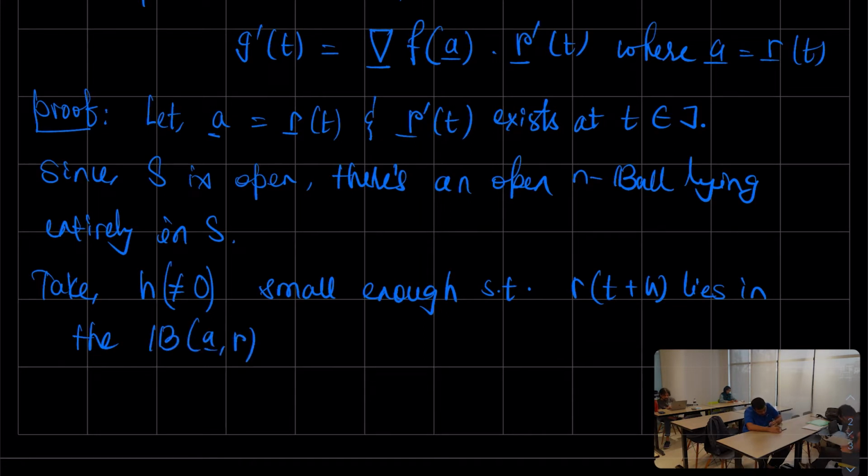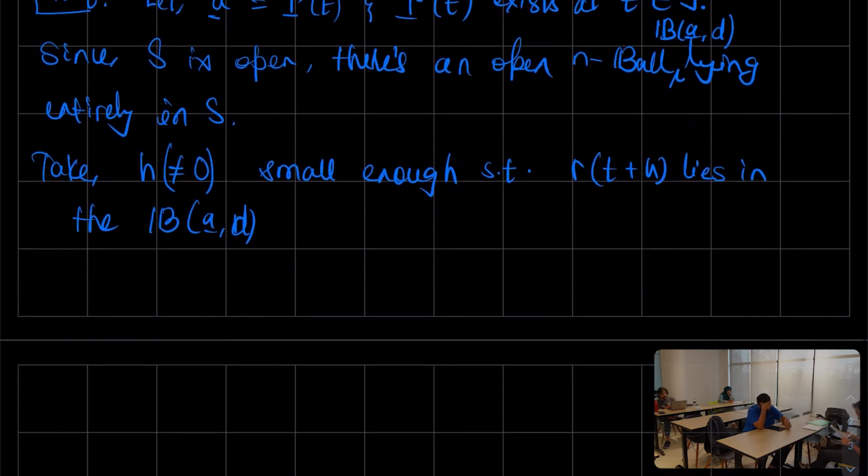When I said the ball, I should have used the notation here. So there will be some radius which I should not introduce with R. Let me find another variable for the radius. I don't know. Let's call this D or something. Okay.